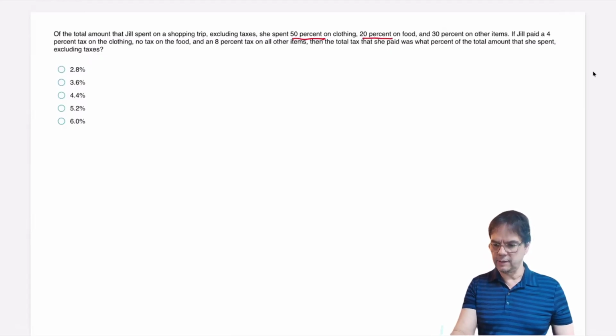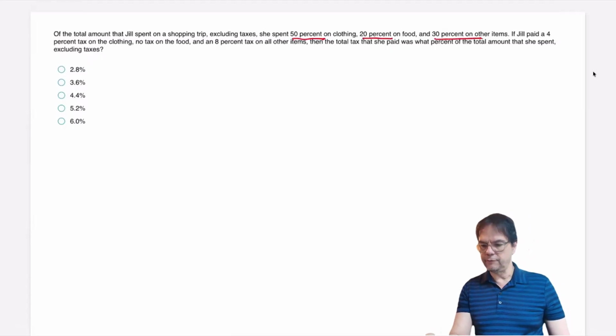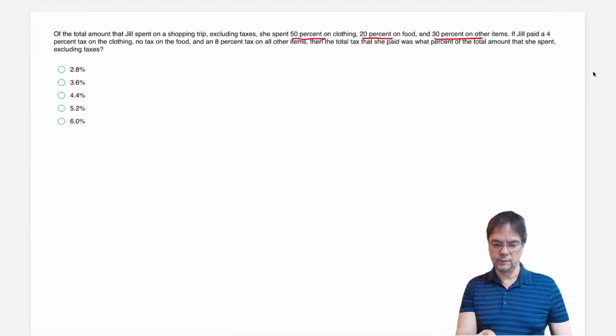If Jill paid 4% tax on clothing, no tax on food, and 8% on other items, then the total tax that she paid was what percent of the total amount she spent, including taxes?